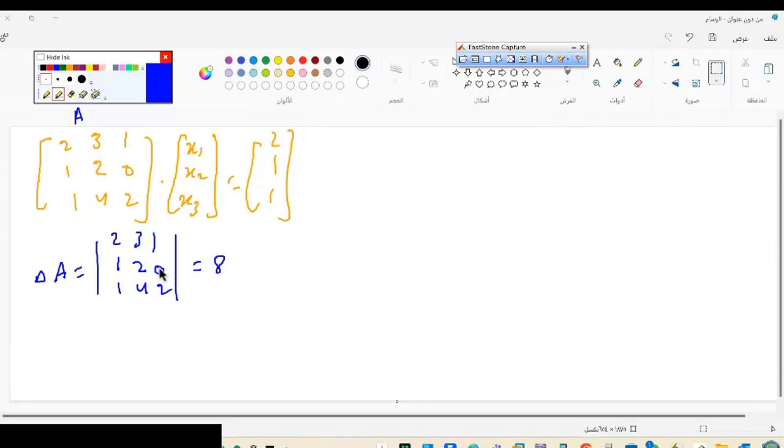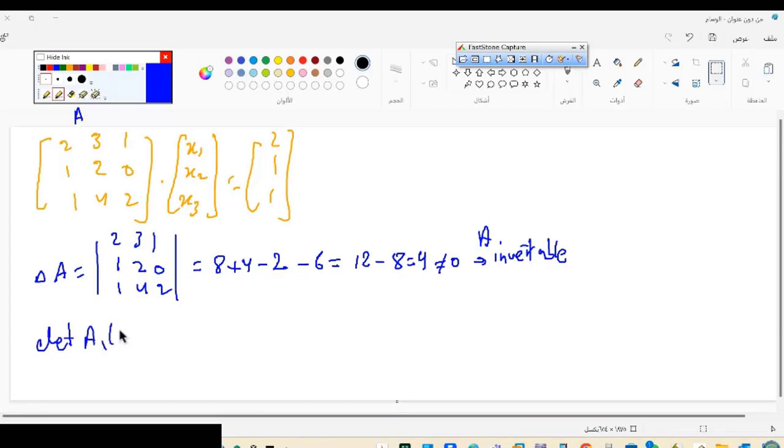It's 8, 3, 0, 1, 4, positive 4, minus 2, 0, minus 3, 1, 6, 12, minus 8. It is 4. Okay, I got it's not equal to 0, so it's invertible with A absolutely. Now let's calculate delta A1 B.